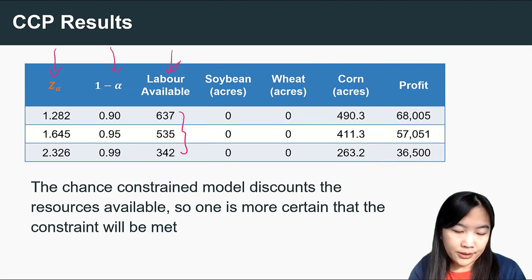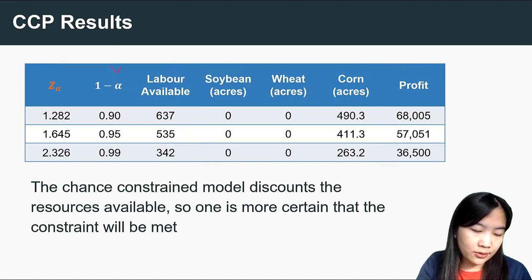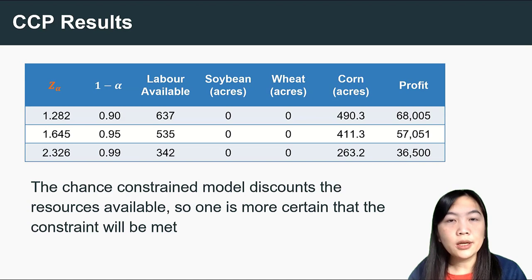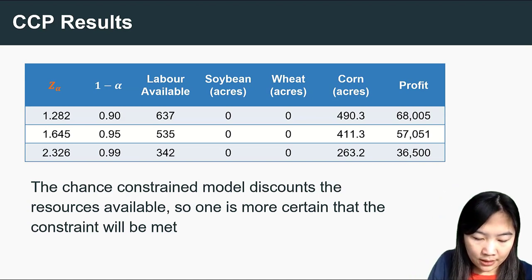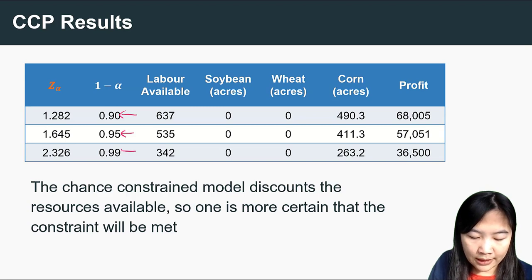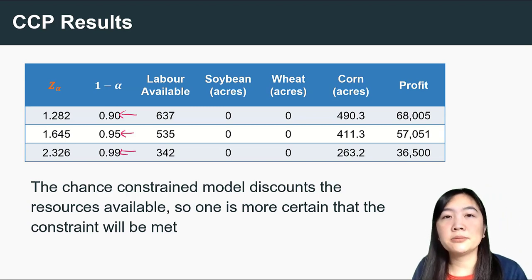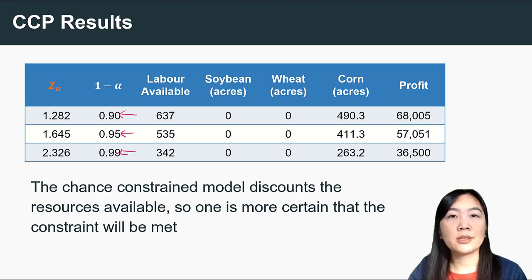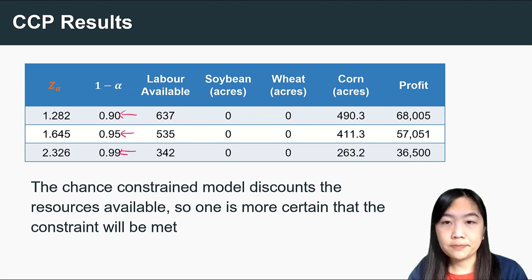So once you put everything together, then you can take a look at the results here. Once you choose your alpha value, this 1 minus alpha here means how confident you are that the labor constraint can be met given there are uncertainties in the labor availability.